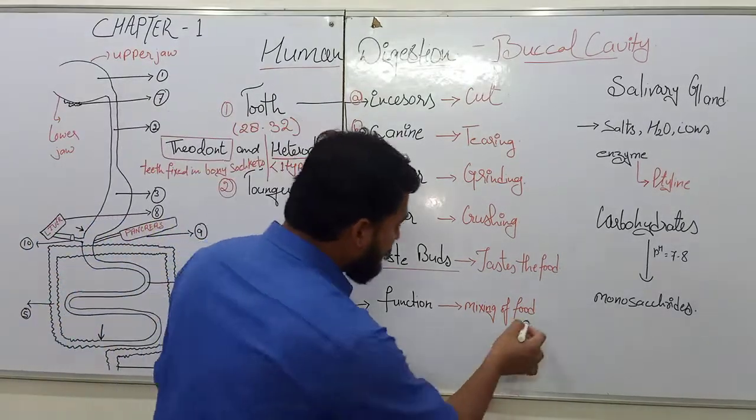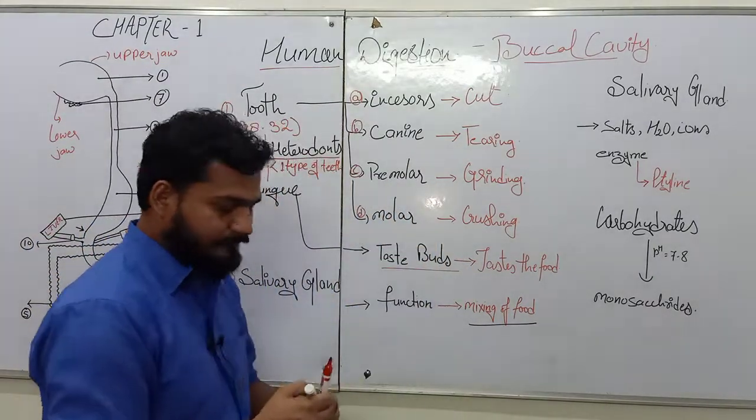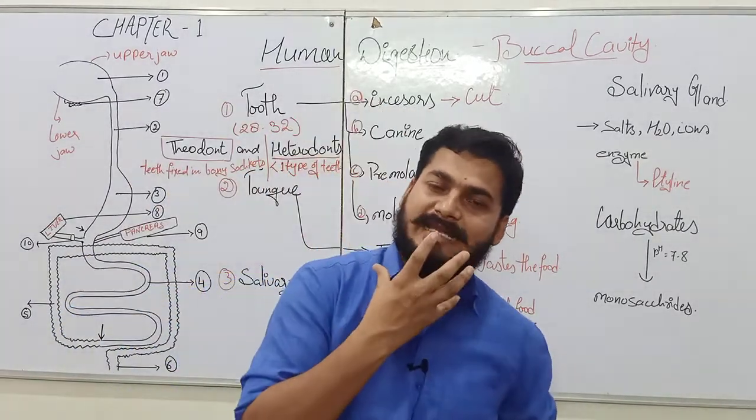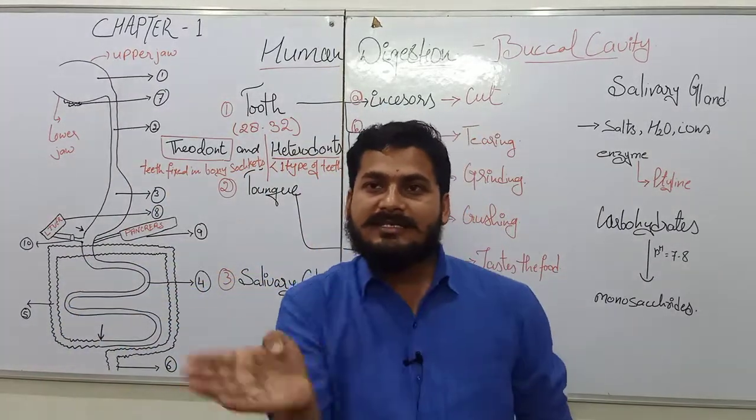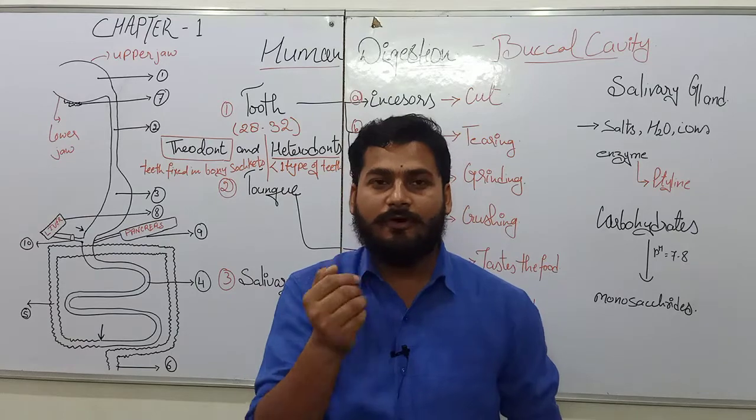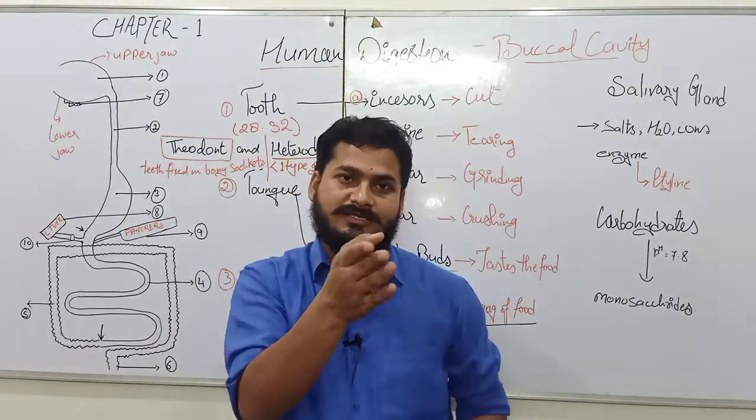Okay, then the second function of our tongue is to mix the food. As the food goes inside the mouth, the tongue starts to move to and fro and sidewise.